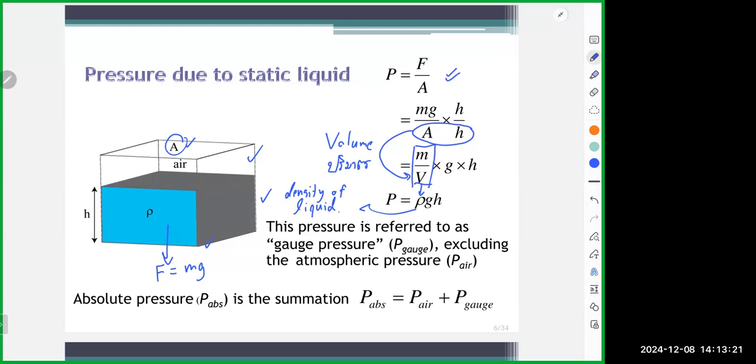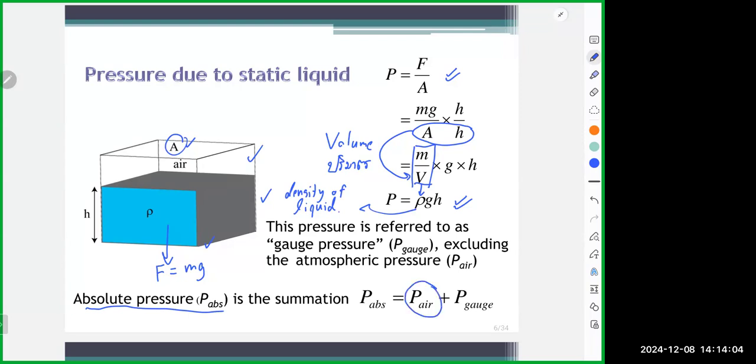So I just showed the derivation that you already learned in high school. And this one, we call it gauge pressure. Gauge pressure is only the pressure of water or liquid on the bottom of the container. However, when you ask what is the real pressure on the container, we call it absolute pressure, because we have to add another one, which is the air pressure.